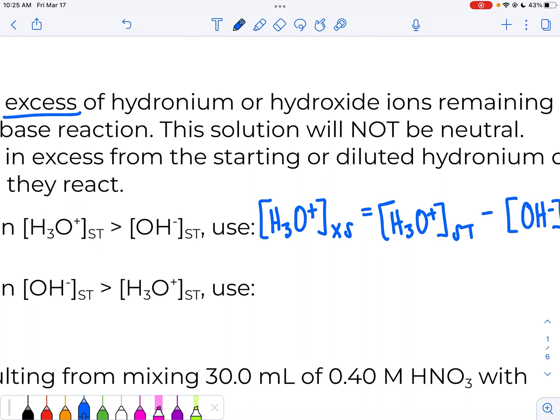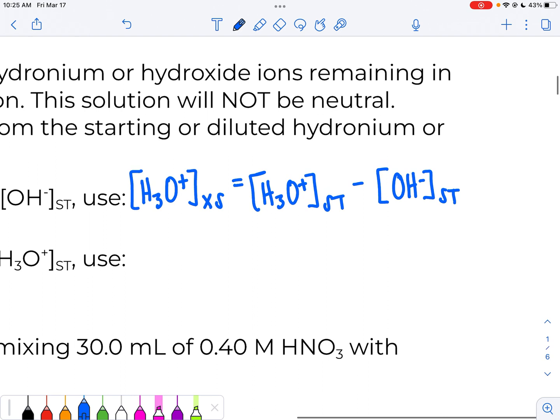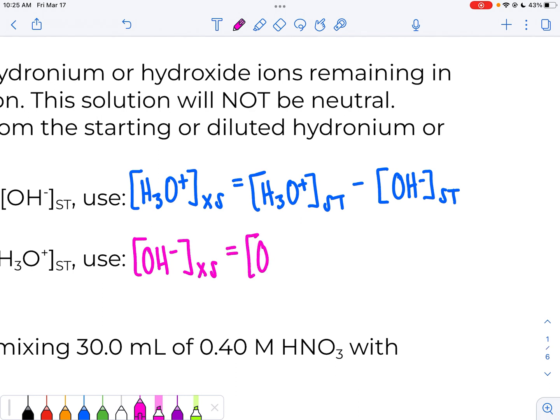It's our limiting reactant. If our concentration of hydroxide is in greater quantity, then the exact opposite equation will be true. The concentration of OH- excess, because now we'll have a slightly basic solution, is equal to the concentration of our starting hydroxide, subtracting out the concentration of our starting hydronium.